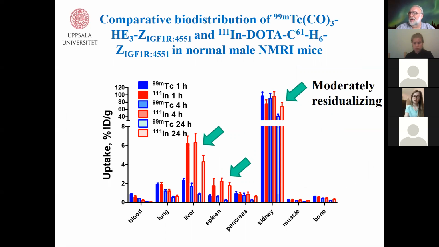Later on, we have demonstrated that use of tag appreciably improved the biodistribution of antibody molecule for imaging of insulin-like growth factor, which play an important role in many malignancies.